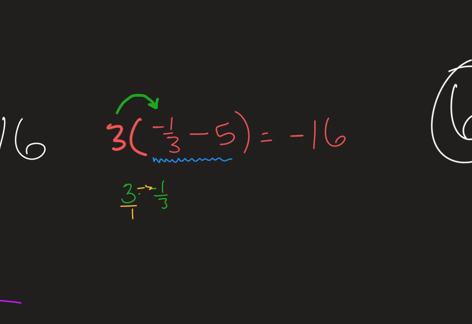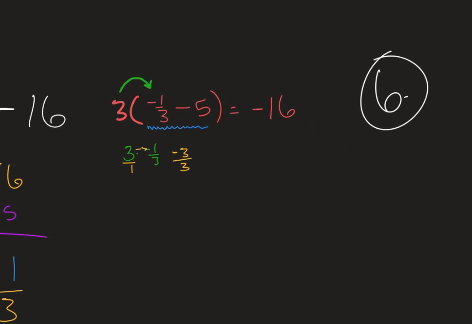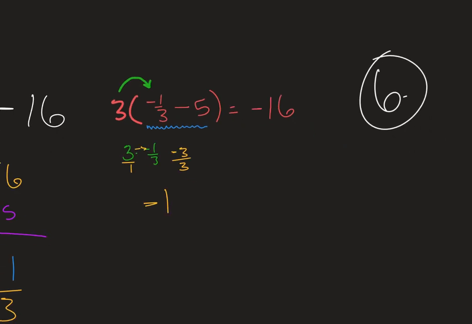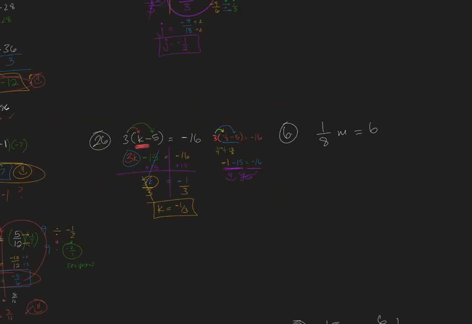You could go straight across. You end up getting negative 3/3, which is negative 1. So that is what we just did right here, okay? And then the next is 3 times negative 5. That's negative 15. Does negative 1 minus 15 equal negative 16? Yes, it does. We are happy about that one.